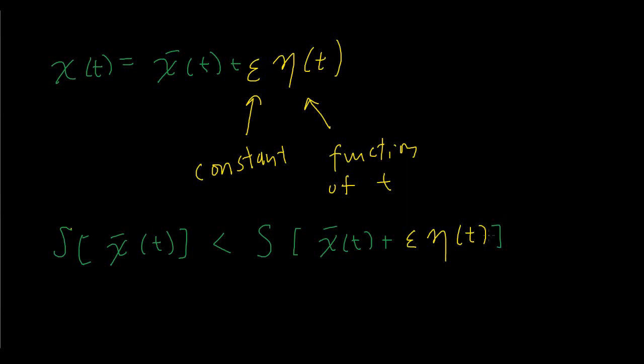And that's just how we defined x bar of t. X bar of t is the path that minimizes S. So this isn't really even saying anything. S of x bar of t is always going to be less than S of x bar plus epsilon times eta.